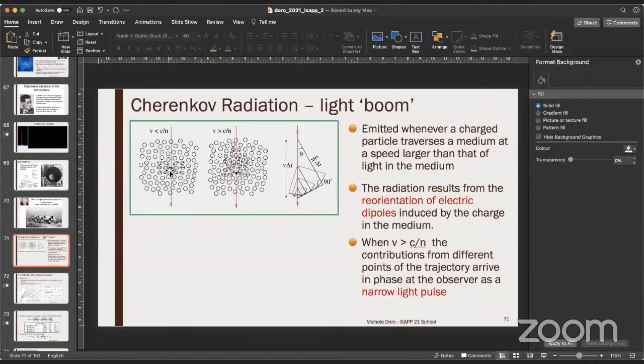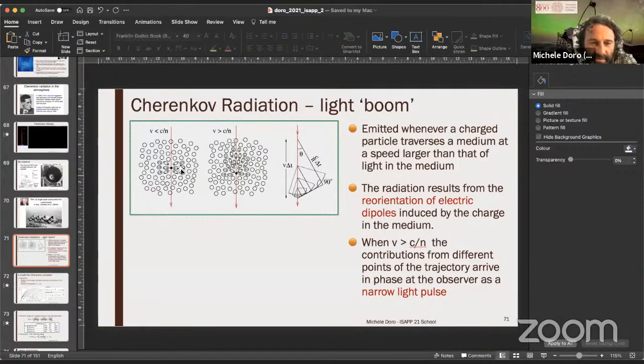When the charged particle travels, you have this motion of charge, if you want. If the particle is sufficiently slow, then when the particle has passed, this dipole, so to say, goes back into the original position. There is some emission of light, but it doesn't have a pattern.